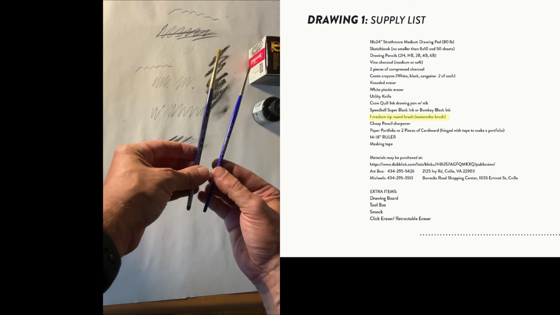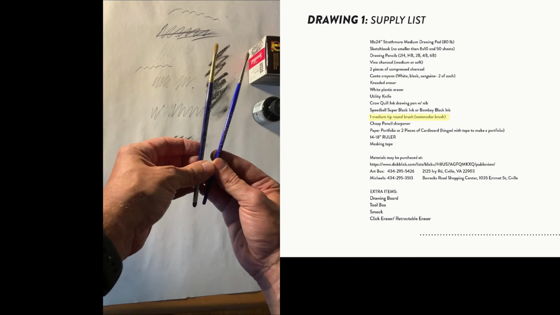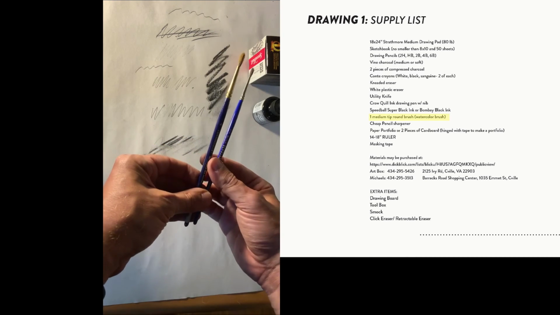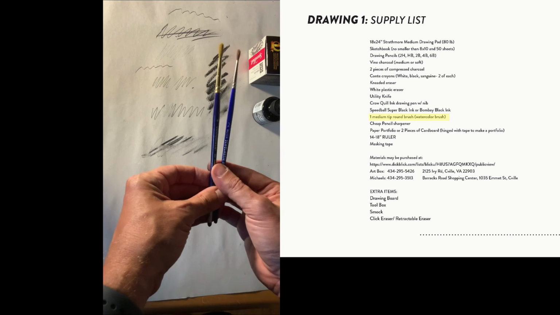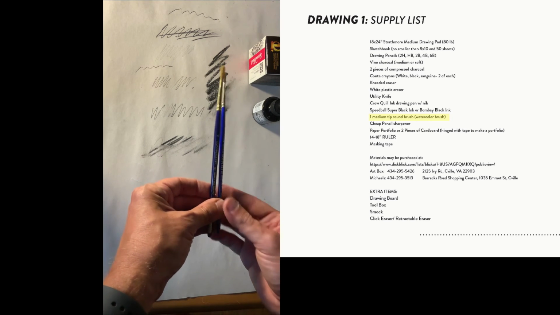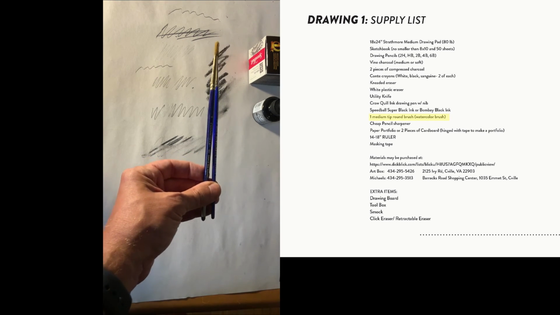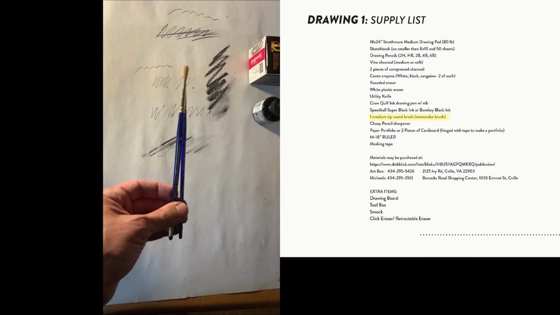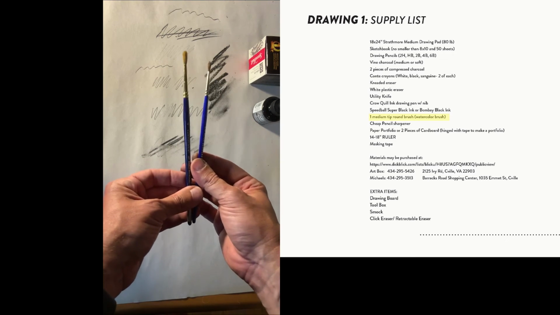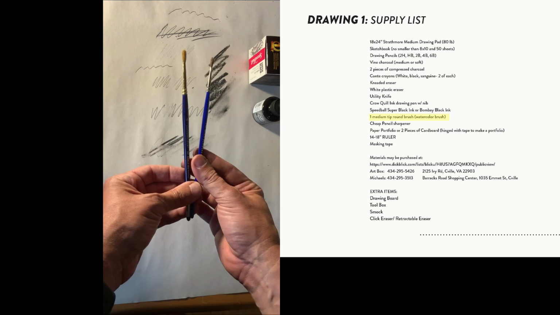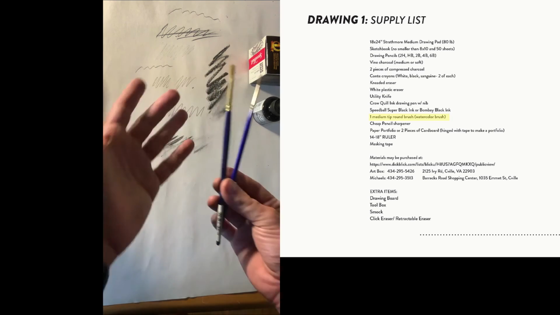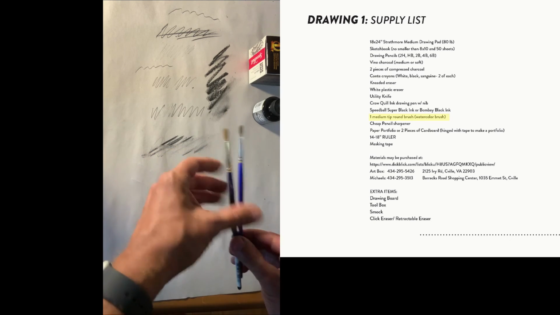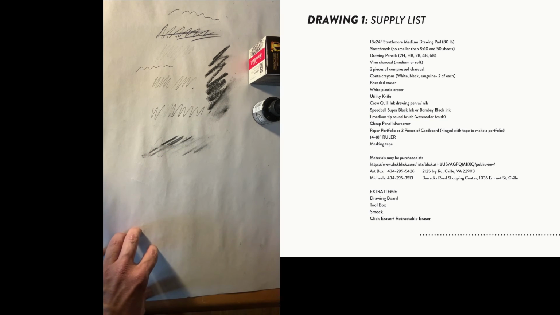This is a 2 and this is a 4. I'm going to recommend you getting a 2 or a 4. It just depends on how fine of detail you want to get. I like having a finer detail, but when we get to doing bigger areas, which we're going to do in our positive negative space study, you're going to find that you're going to want something thicker. So, you're more than welcome to buy 2, but I'm only requiring you to buy 1.